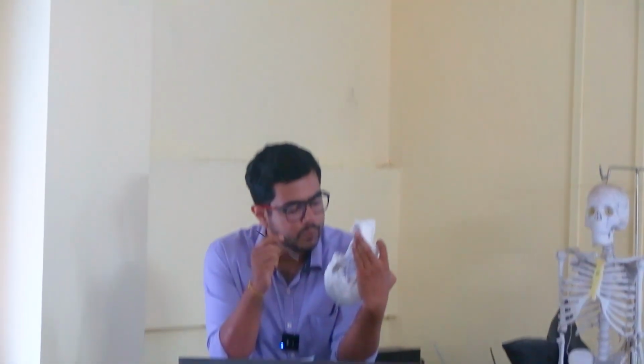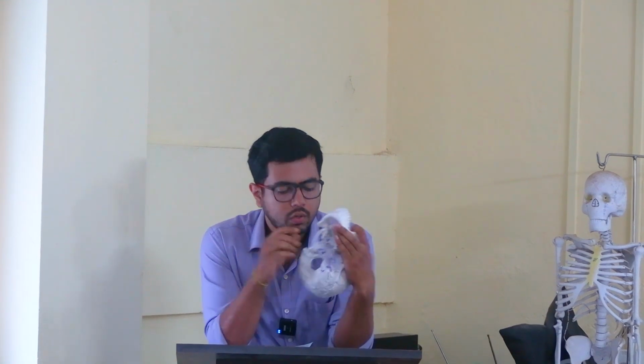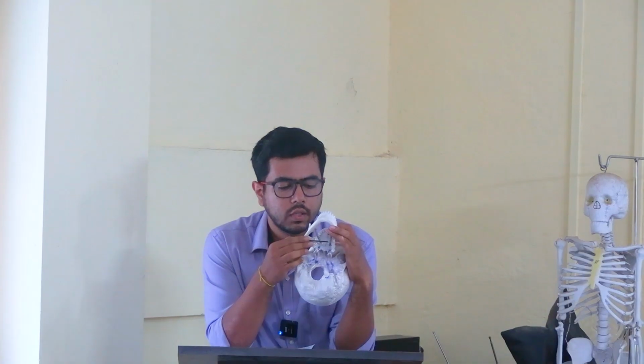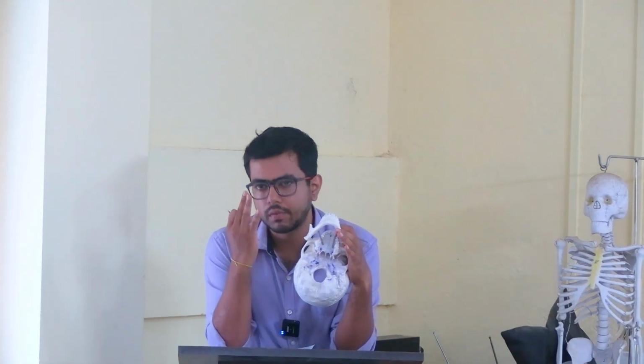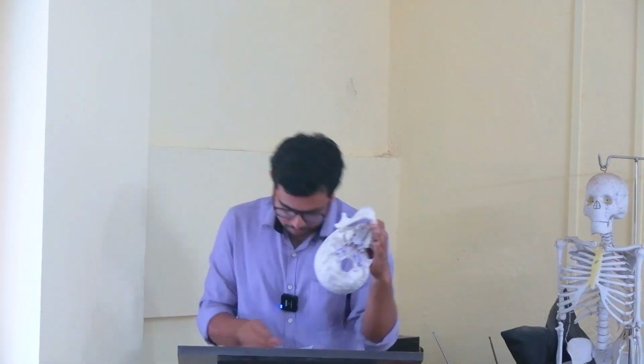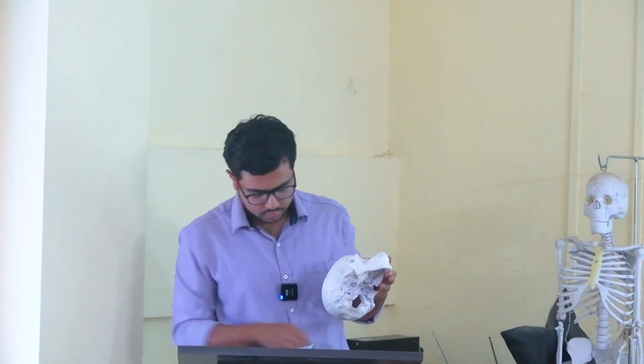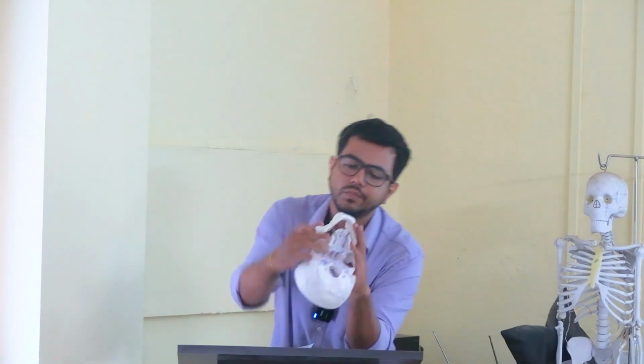Now, to make it easy for us to learn, we divide the inferior aspect of the skull into 3 parts. These 3 parts are divided by these 2 lines. You don't have to write these down, only if you want to. There is no obligation to write anything in my class.